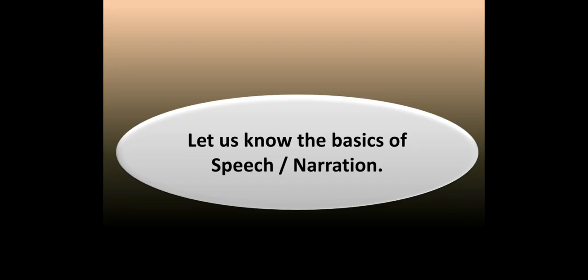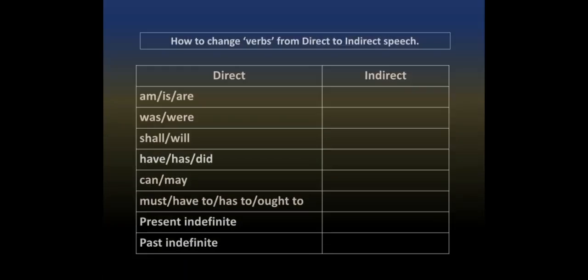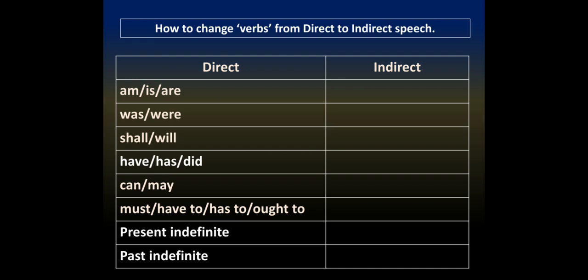Let's know the basics of speech or narration. How to change verbs from direct to indirect speech. If there is am, is, are in direct speech, it will be was, were in indirect speech.